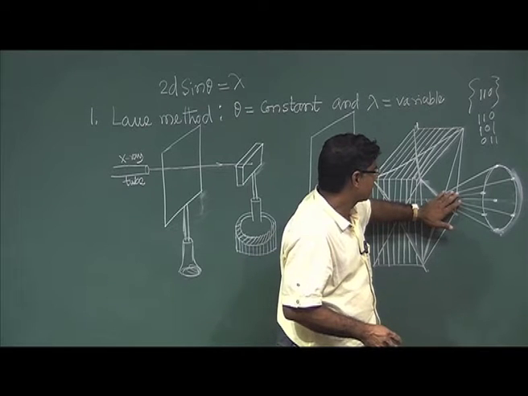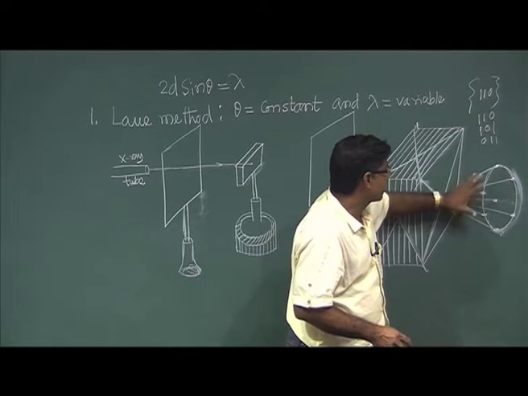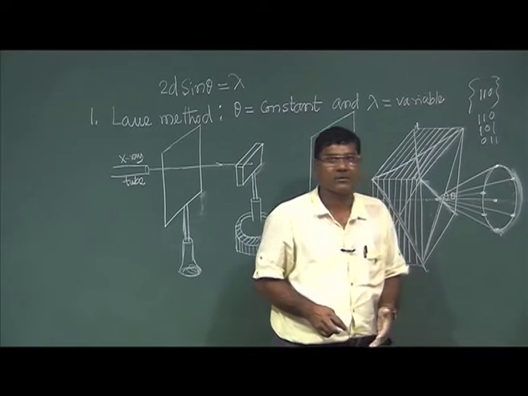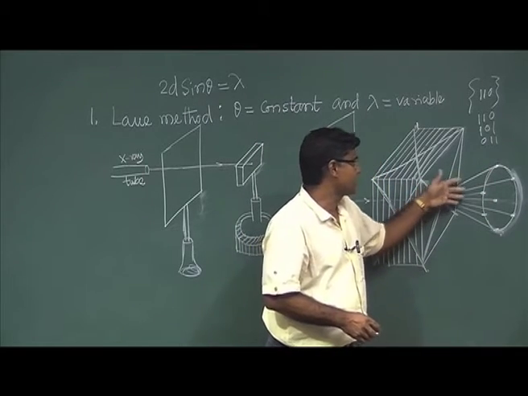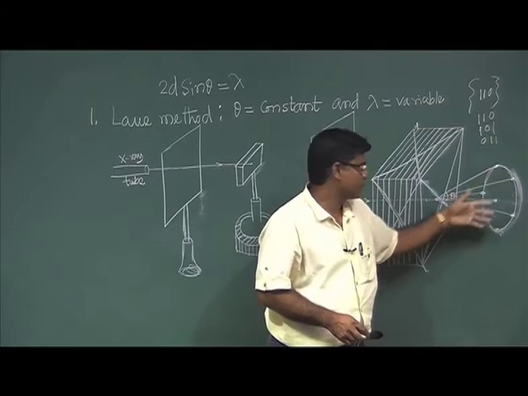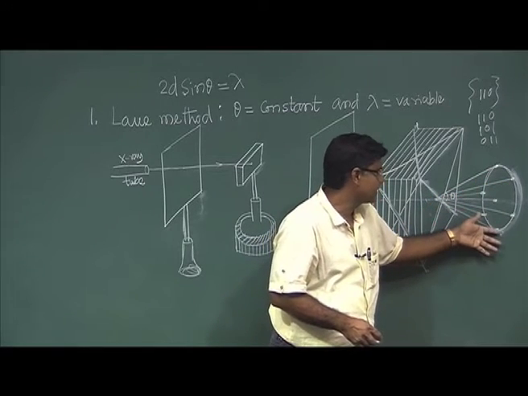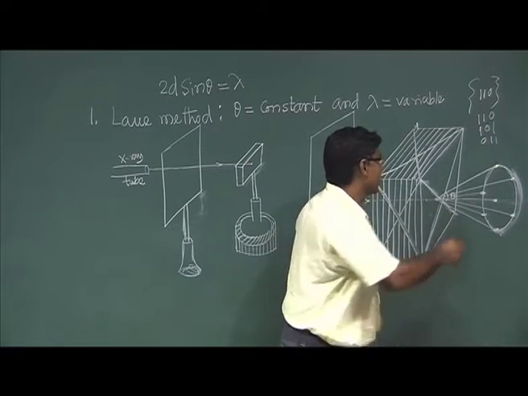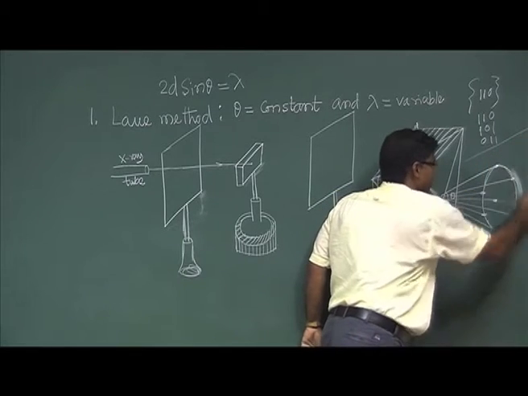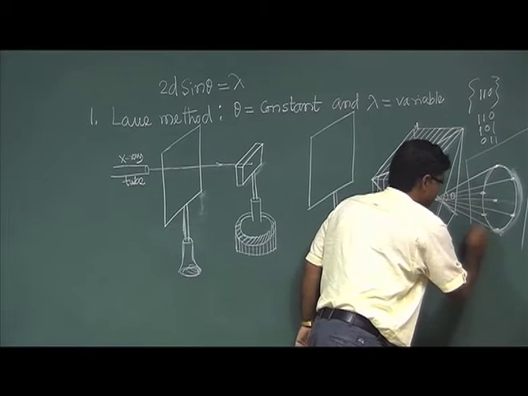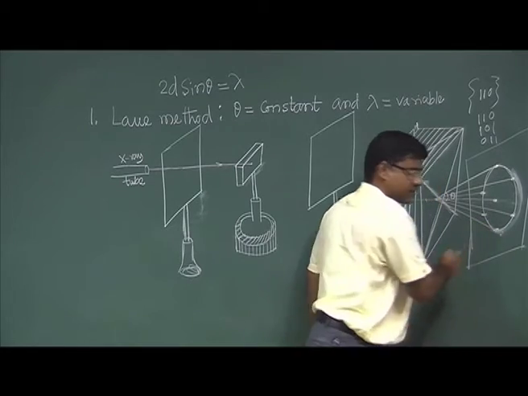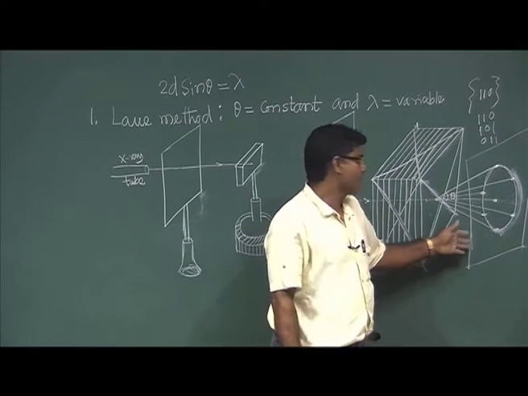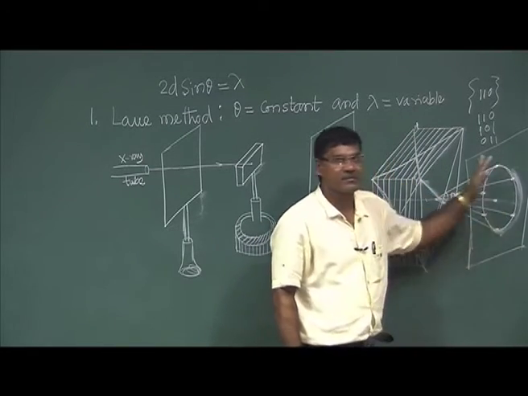On the surface of the cone, this diffracted rays will be there, and if you put here your photographic plate, X-ray plate, on this you will get this type of pattern.